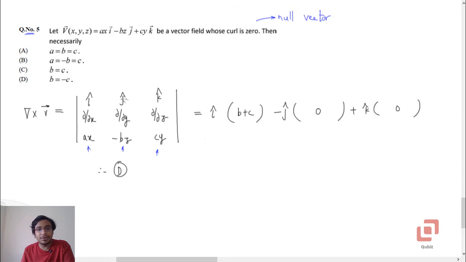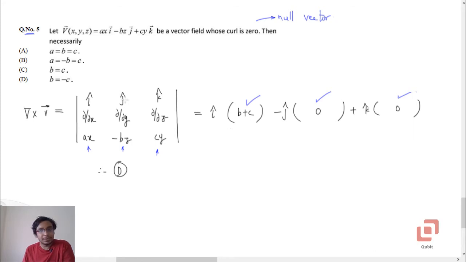So it is going to be c plus b. Minus j cap into the partial derivative with respect to x of cy, which is 0, minus the partial derivative with respect to z of ax, which is 0, plus k cap into the partial derivative with respect to x of minus bz, which is 0, minus the partial derivative with respect to y of ax, which is 0. So no matter what values a, b and c have, the j and k components will always be 0.